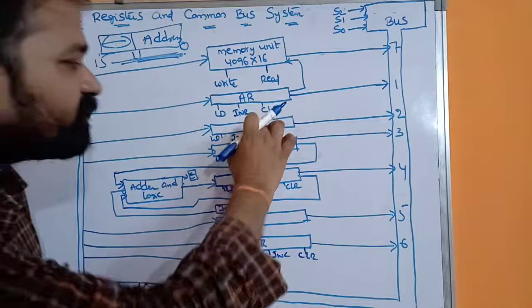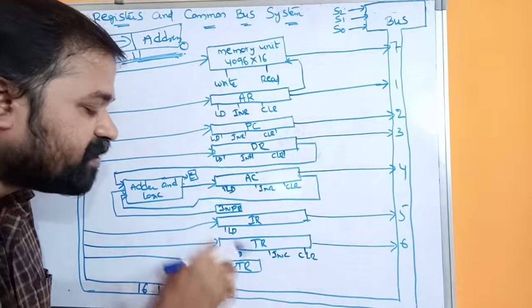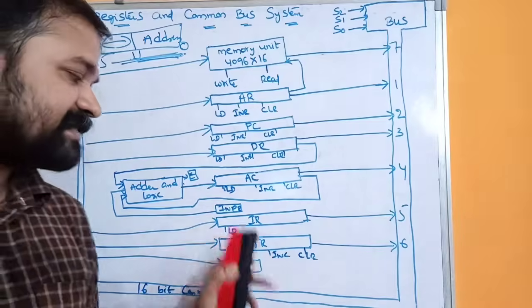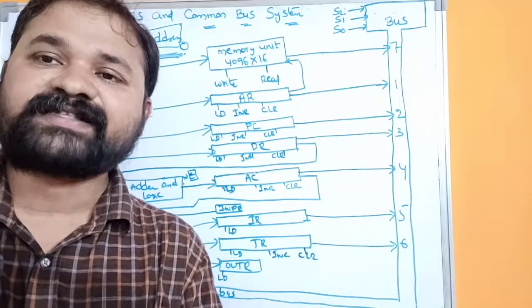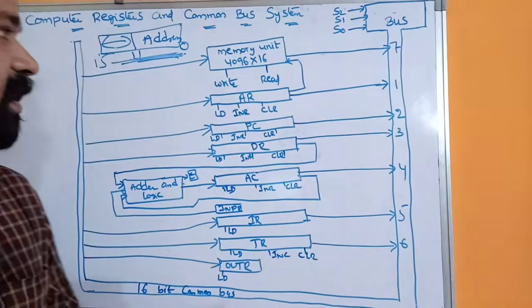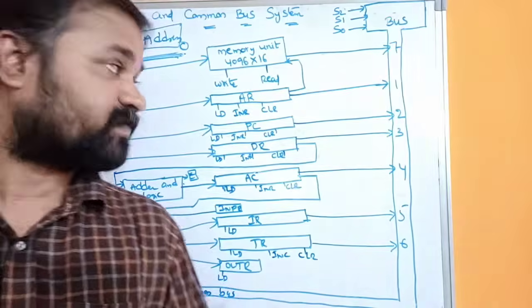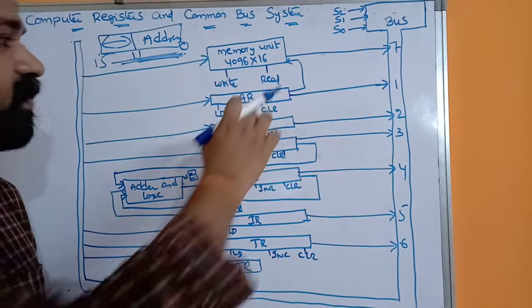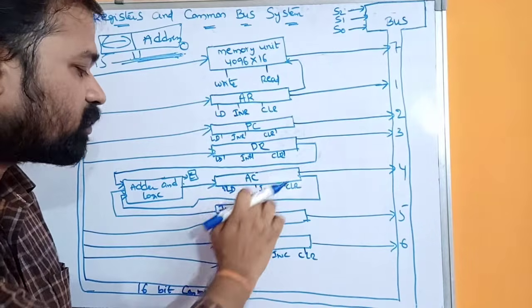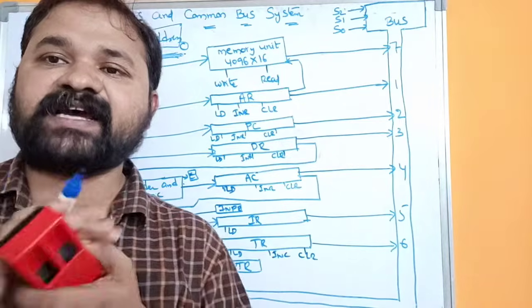Coming to the input register and output register, the size is only 8 bits. So this is about the registers present in the system. Totally how many registers do we have? 1, 2, 3, 4, 5, 6, 7, 8. So there are 8 registers.